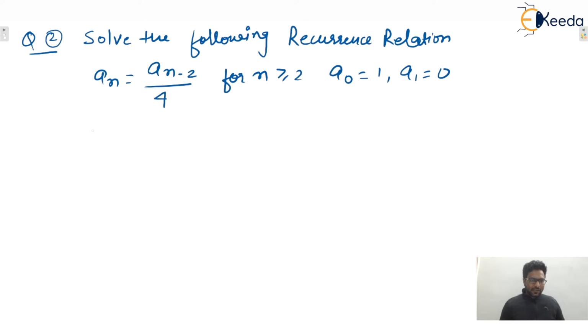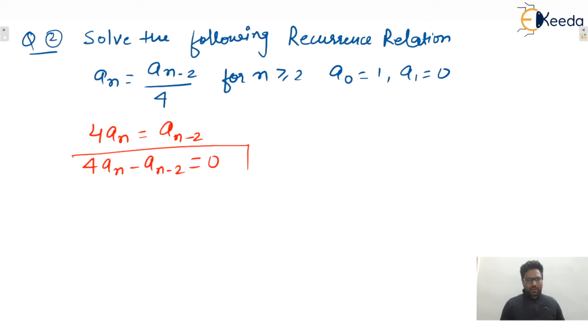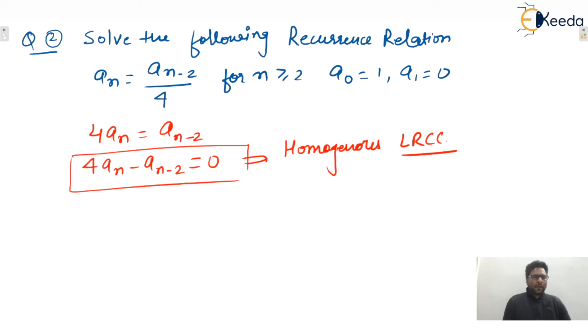Can we write it like that, a_n minus a_{n-2}/4? Now the right-hand side becomes 0. So we can conclude that this is linear as well as homogeneous, that is, a homogeneous LRCC. Remember this one? Now write the characteristic equation.